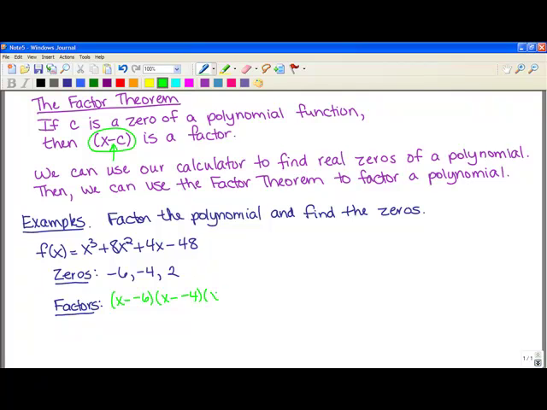And the last factor is x minus 2. These negatives cancel out to be a positive. So we'll change these factors to pluses, and the last one stays as x minus 2. So these are the zeros of this function, and here are the factors.